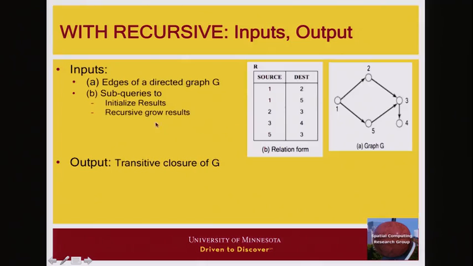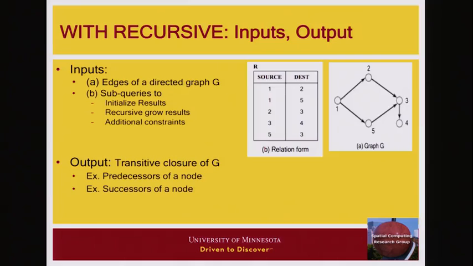The second query explains how to grow the result. So starting from some basic values which are specified by the initialization query, how do we add more rows to the result? Okay. So using these facilities, you can compute predecessors, successors, and you can actually do a little bit more. You can also go ahead and compute shortest path and things of that kind.